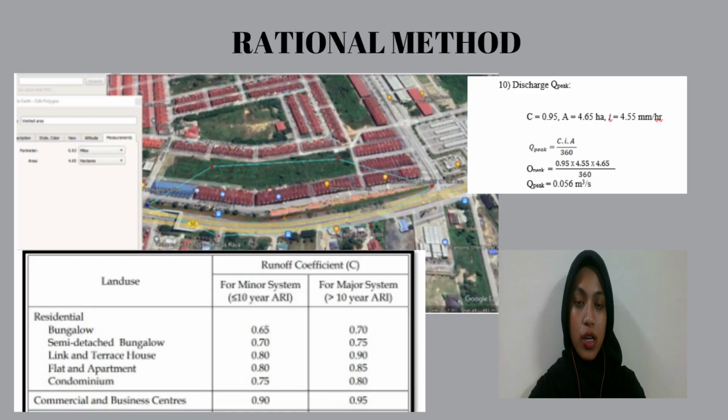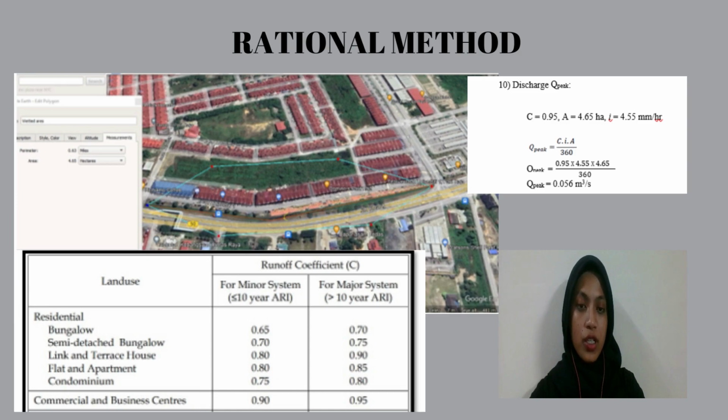For this step, we need to calculate the rational method for our catchment area. Based on the table given, we need to determine our runoff coefficient value. So we need to know what land use our channel is nearby. We choose commercial and business, which is the most suitable for our project location, and then we apply it to our calculation of discharge QP.